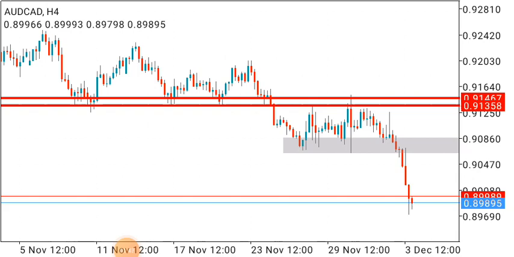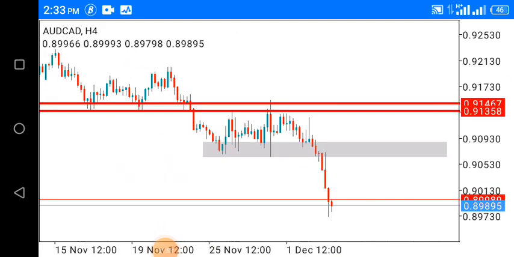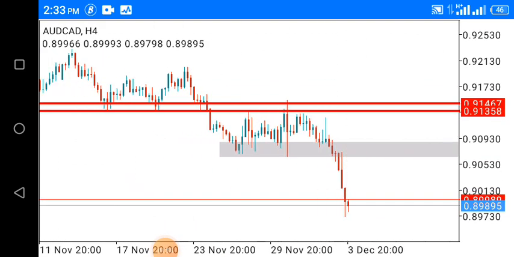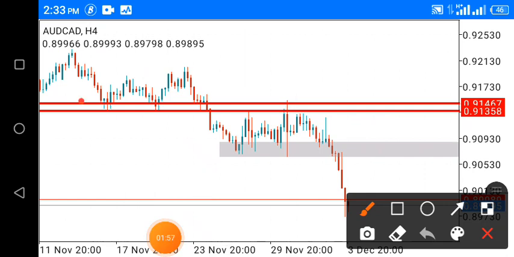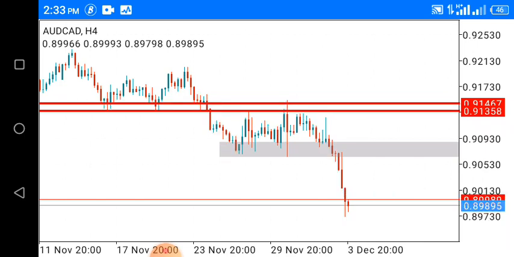I posted it before the time, so I was talking about this level you see me draw here. I was talking about price breaking through this level, and then I was waiting for price to come here and maybe double top there so that we can move down, and the trade played out very nice the way I predicted it.